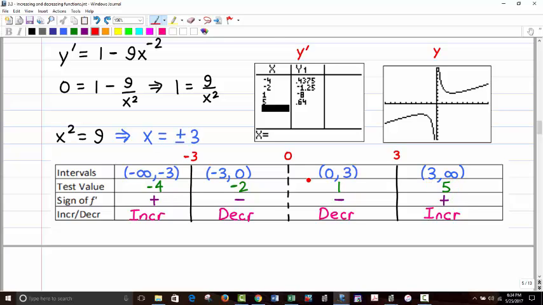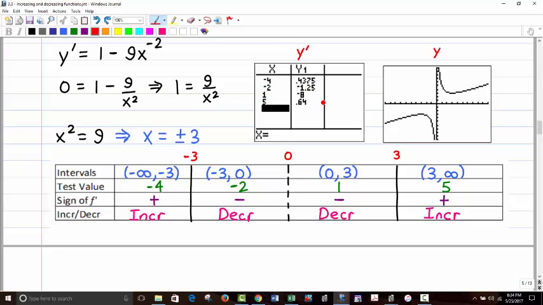I want to keep the numbers small. You might have to use a decimal, like 0.5, something like that. You won't always be able to use an integer, most of the time. Here are the negative 4, negative 2, 1, and 5, in the box.